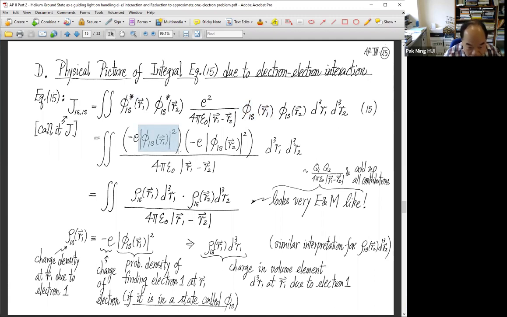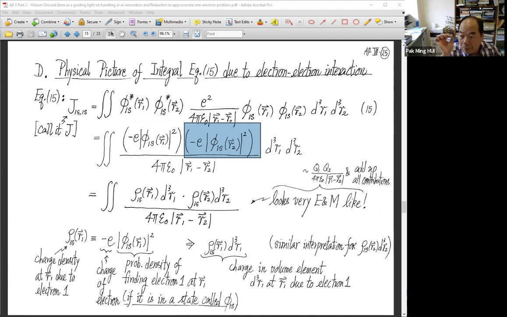It will give us this. Similarly for r2, also in 1s. So it is okay to rewrite this as this times that. So follow me up to here, because some punchline will follow. All right, 行不行?